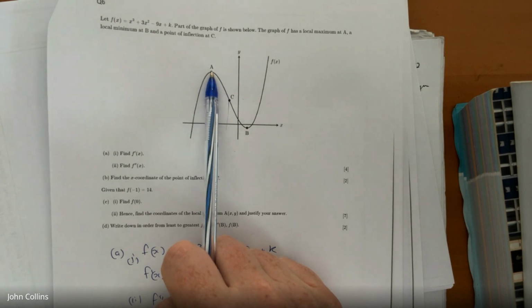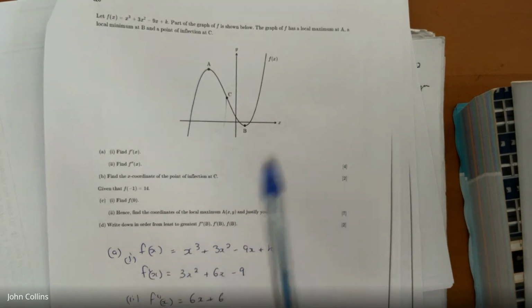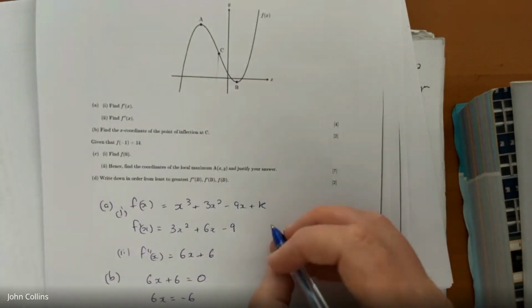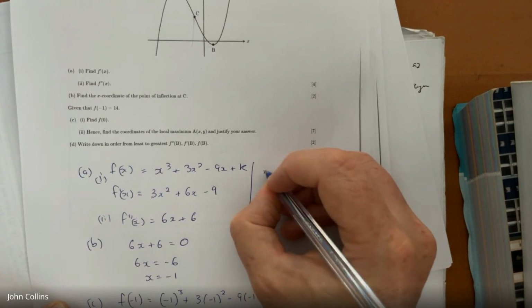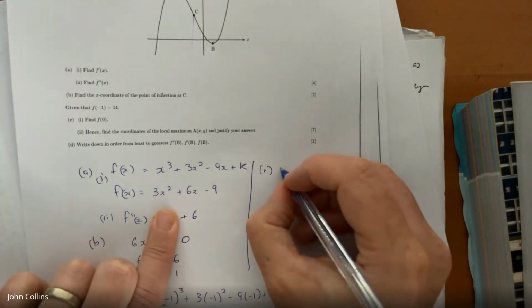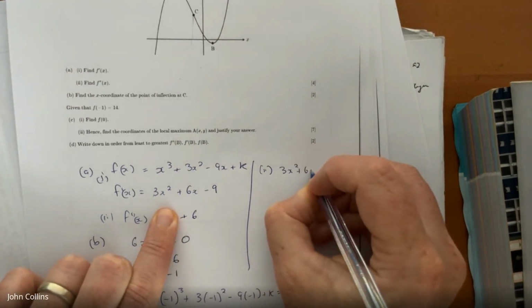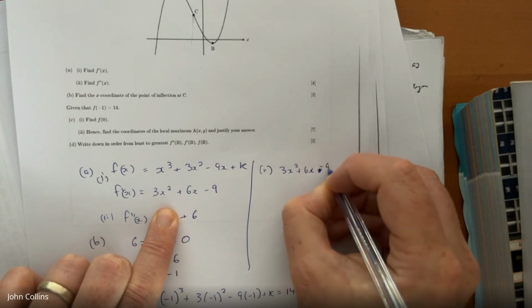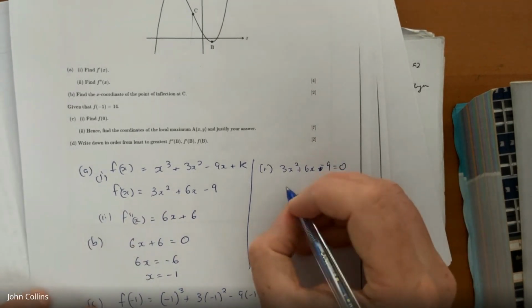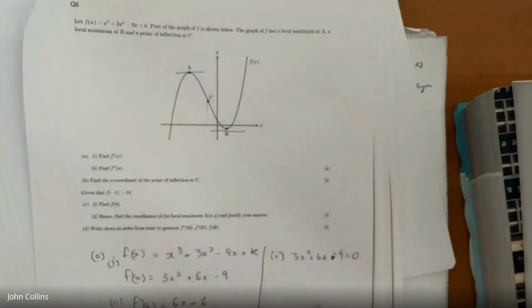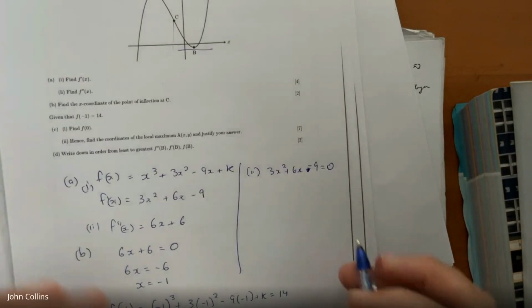So when we let it equal 0, we'll find the max and the min. So I'll just do it here, not to switch the page. Part 2. The first derivative would equal 0. So 3x squared plus 6x minus 9 equals 0. So I'll have to solve this to find out where the gradients are 0 at the max and min. You'll find both the max and min here.